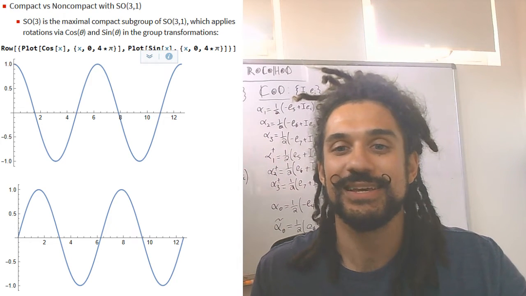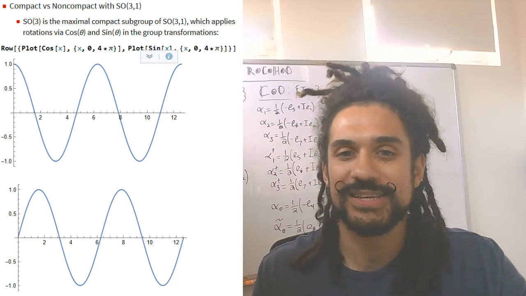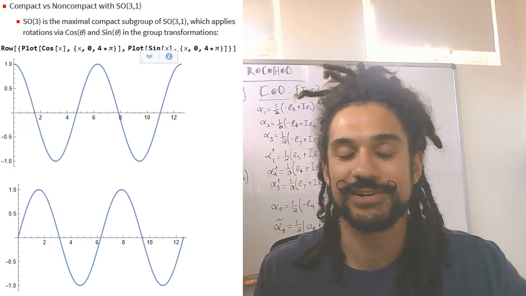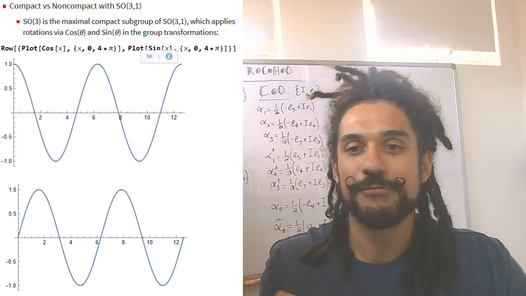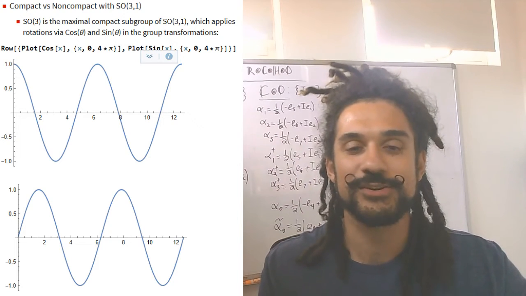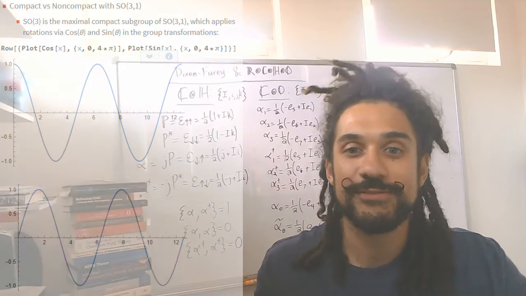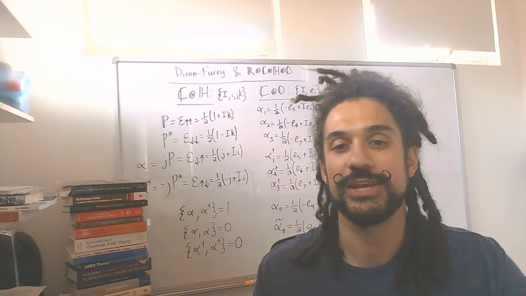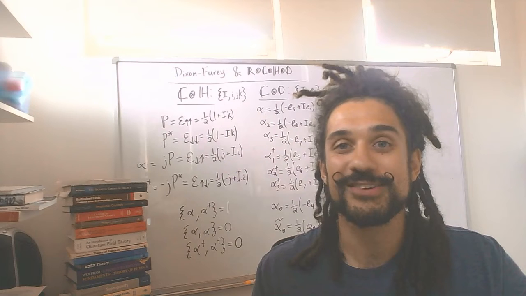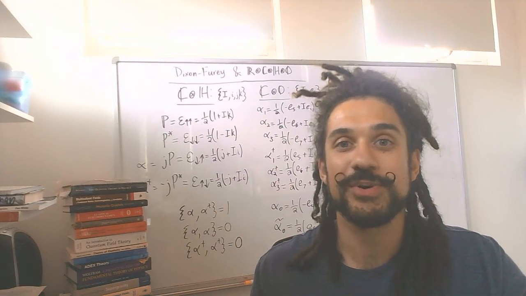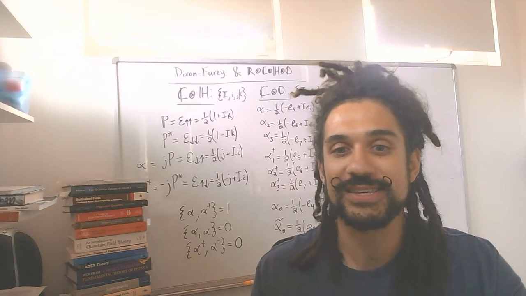SO3 can be seen to be a compact group because if I apply a single generator successively, I will eventually come back to the same point after rotating by 360 degrees around a circle, or 720 degrees for spin 3 as the double cover.